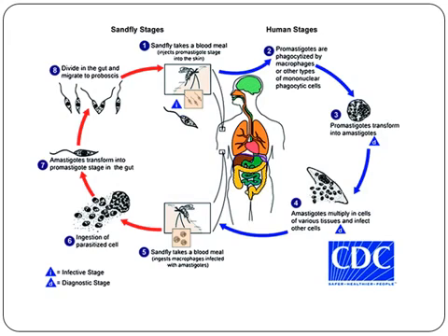Then the promastigotes transform into amastigotes, which are engulfed by the monocytes and tissue histiocytes. Then they pass to the circulation and settle in the parenchymatous organs, which have reticuloendothelial cells.